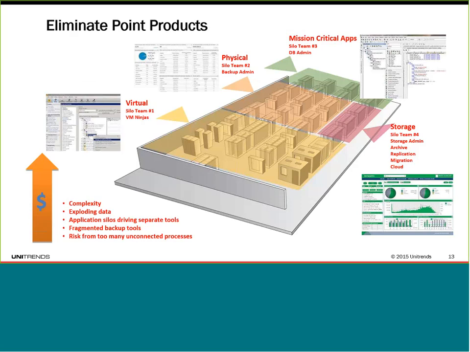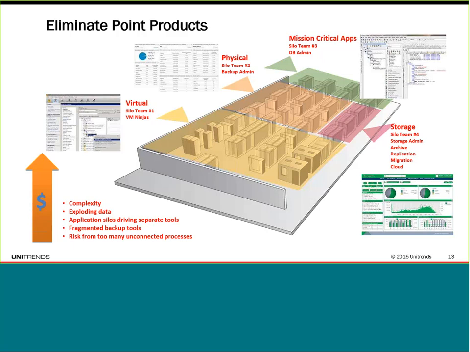You have mission critical applications, such as the ERP, the databases, the SAP type applications, the e-commerce and so forth. And then you have storage, and storage spread across NAS and SAN and direct attach, and additionally to cloud. So it's becoming more complex, and data is exploding because it's growing across all these point products.